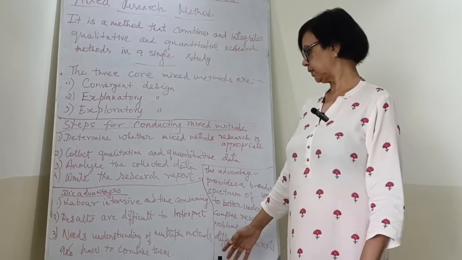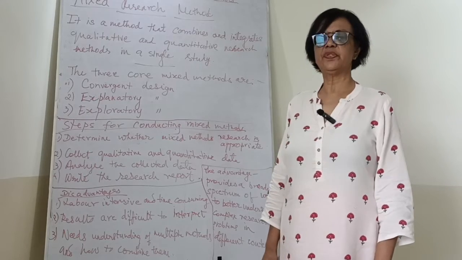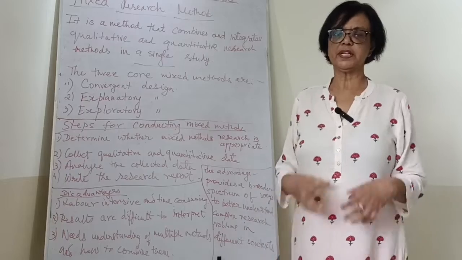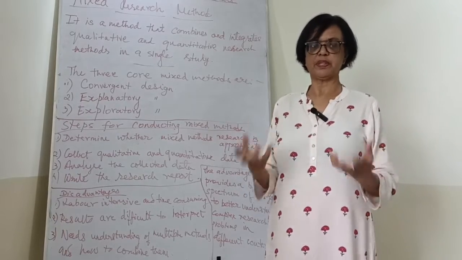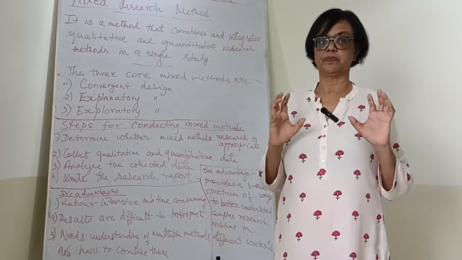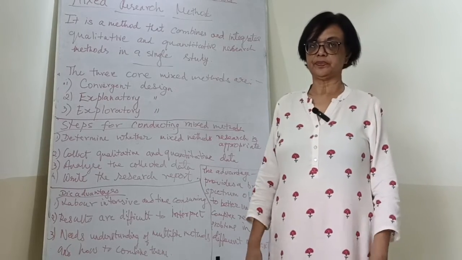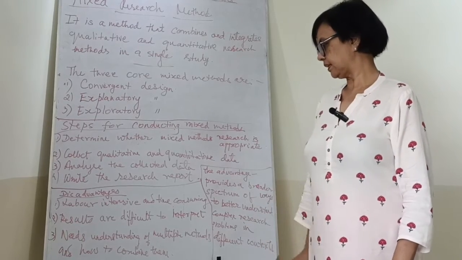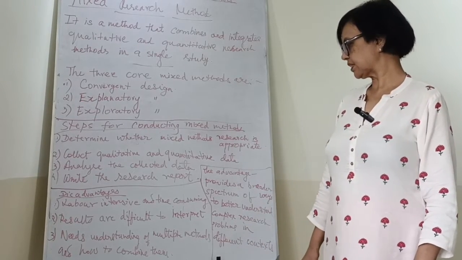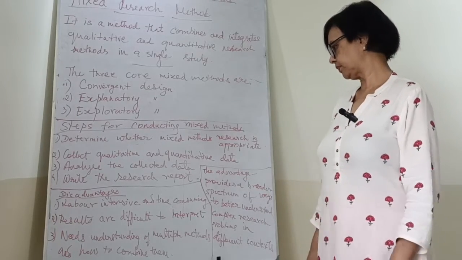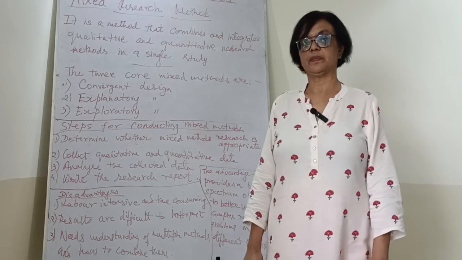Then the results are difficult to interpret. So sometimes we don't know whether the results are factual or real. So it is difficult to interpret. And then it needs understanding of multiple methods of how to combine them.